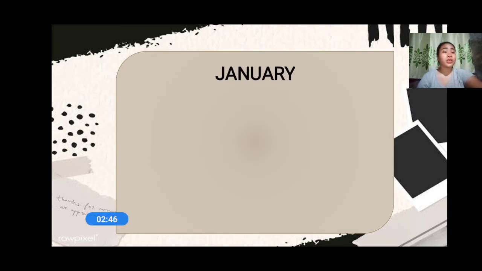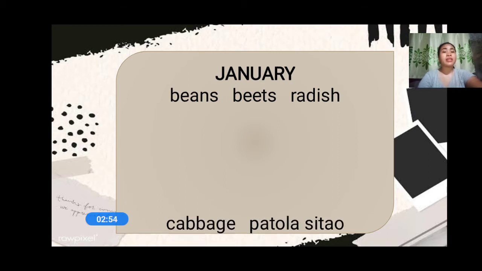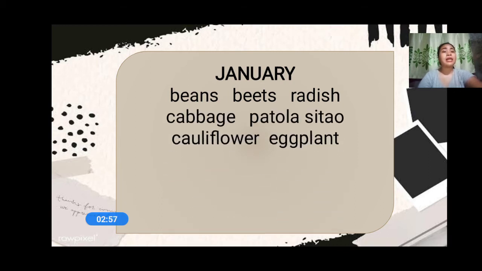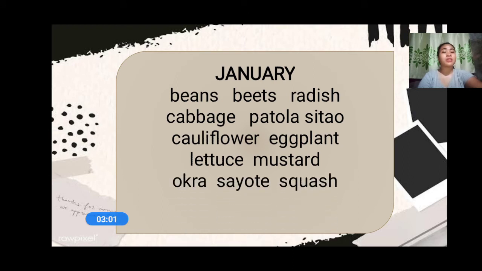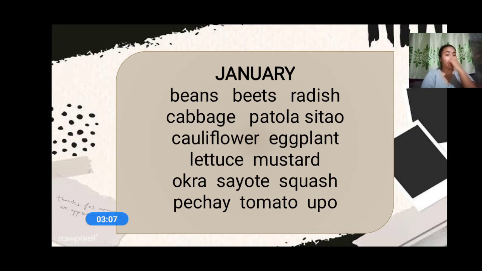So these are the vegetables that can be planted during January. Okay, so we have beans, beets, radish, cabbage, patola, sitaw, cauliflower, eggplant, lettuce, mustard, okra, sayote, squash, pechay, tomato, and upo. So what are the vegetables that can be planted during January?